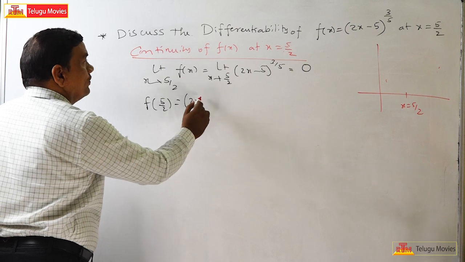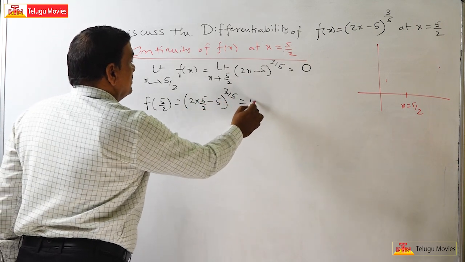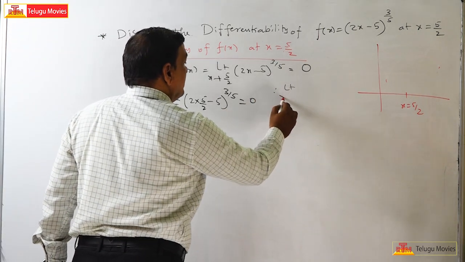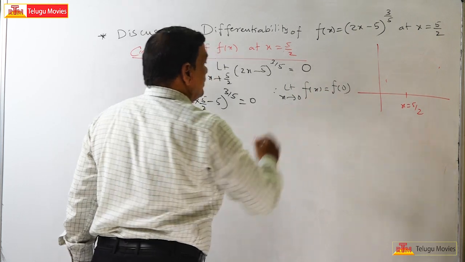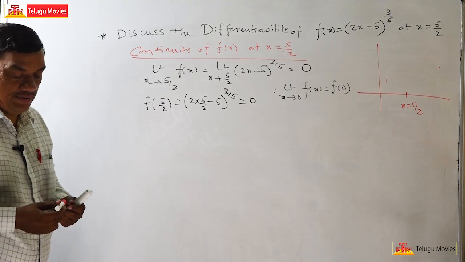So 2 and 2 cancel, we get 0. What is the value of f of 5 by 2? 2 into 5 by 2 minus 5, whole to the power of 3 by 5. This is also 0. Therefore, limit of f of x equals f of 5 by 2, and the function is continuous at x is equal to 5 by 2.